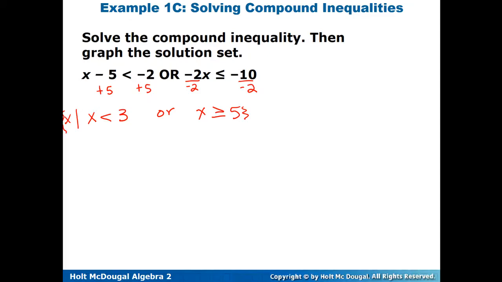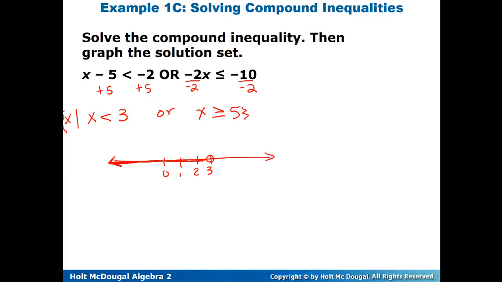All right, and it says to graph this solution. So when we graph it, we will start over here at 3, 2, 1, 0, and it says that x is less than 3. So it doesn't say equal to, so we're going to have that circled out, and then it's everything less than 3.